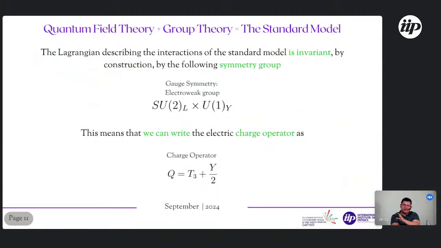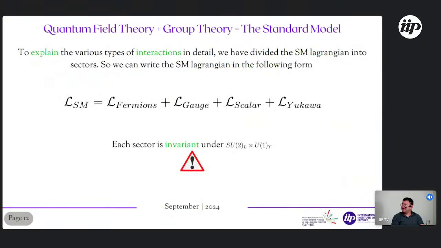With that symmetry, with the diagonal generators of that group, we can obtain an equation with the charge operator, and we can write the particle content. We are going to see the fermion content. The standard model can be a difficult theory to understand, but we can separate the Lagrangian of the standard model, SM, into different sectors: fermion sector, gauge sector, scalar sector, and Yukawa.